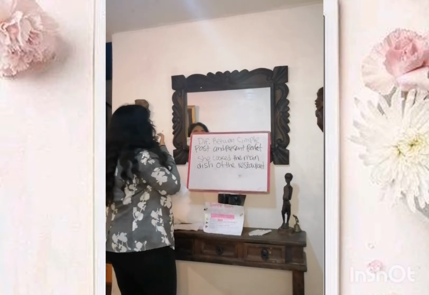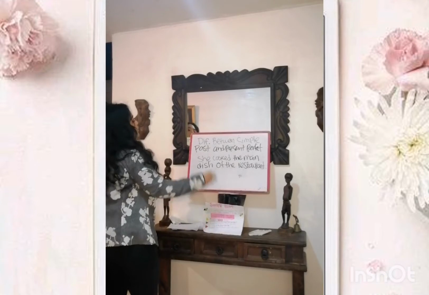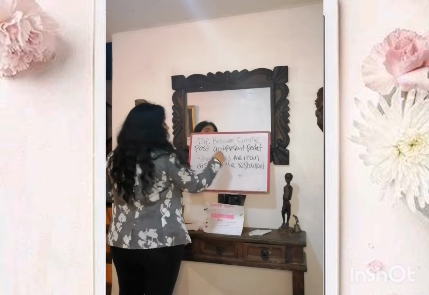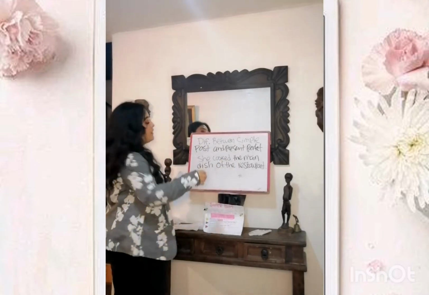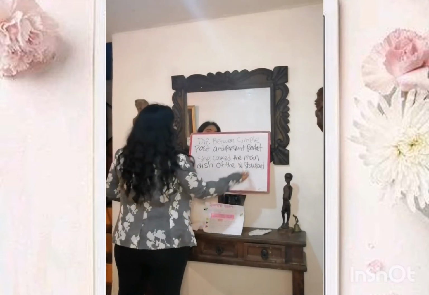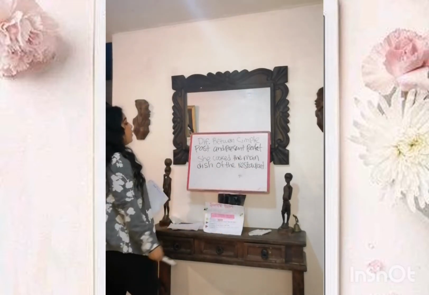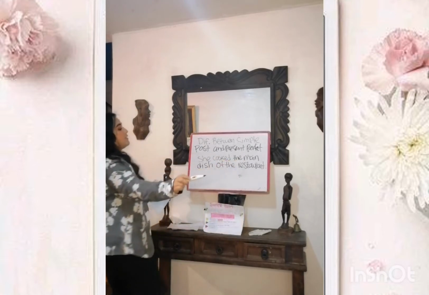So this is an example for simple past again, which is she cooked, ed at the end, remember this is a regular verb, and then the main dish of the restaurant. So this is an example for simple past.